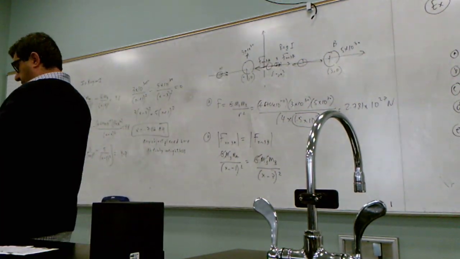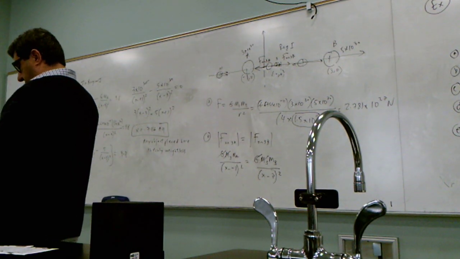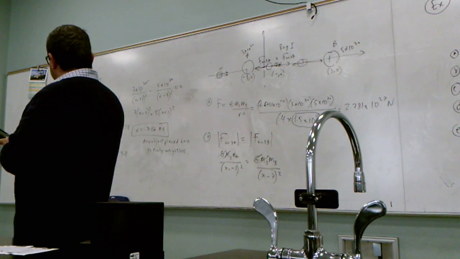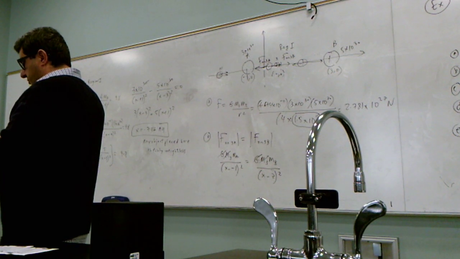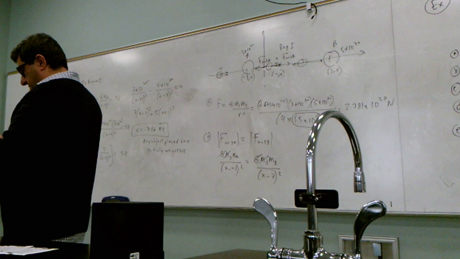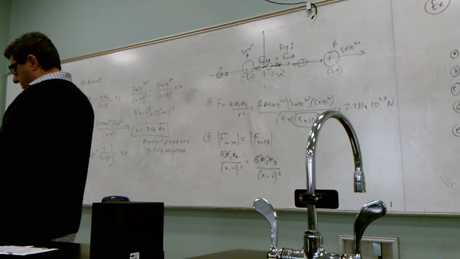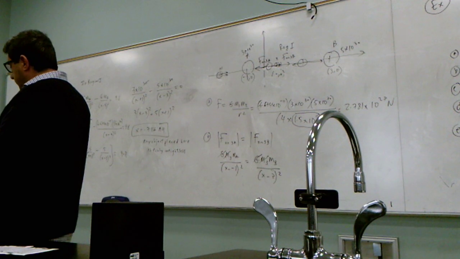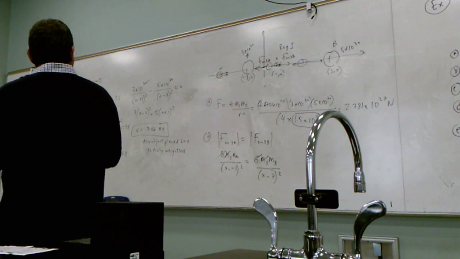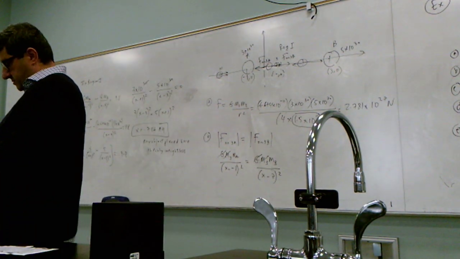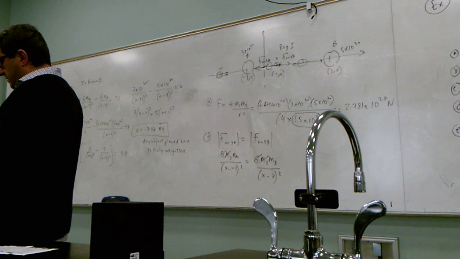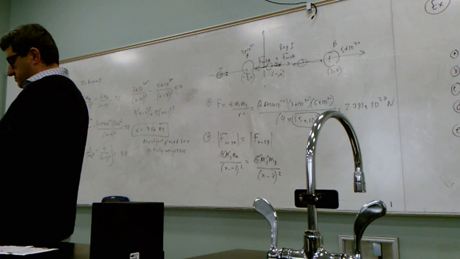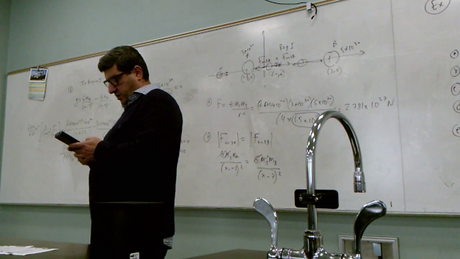Okay, we have 6.674 divided by 2.25 times 10 to the power negative 3 times parentheses 3 divided by x plus 1 squared minus 1 divided by x minus 3 squared is equal to 9.8.